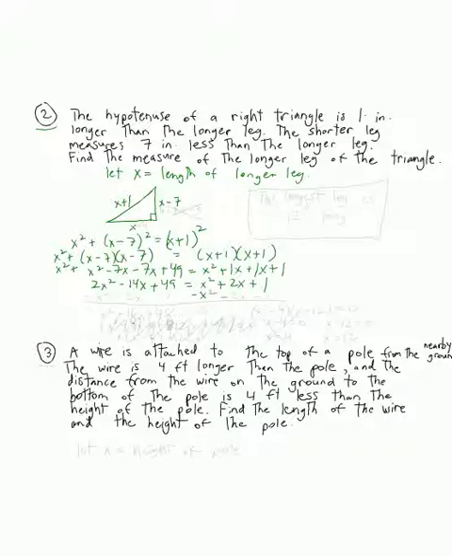Move everything to the left side. We're left with x squared minus 16x plus 48 equals 0. Now, we're looking for two things that multiply to 48 and add to negative 16.